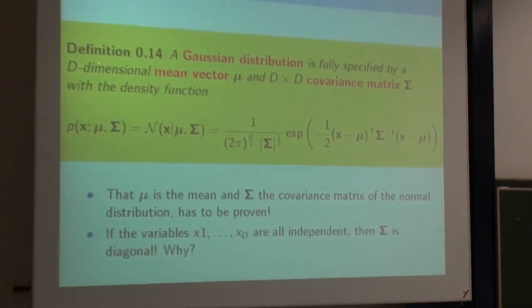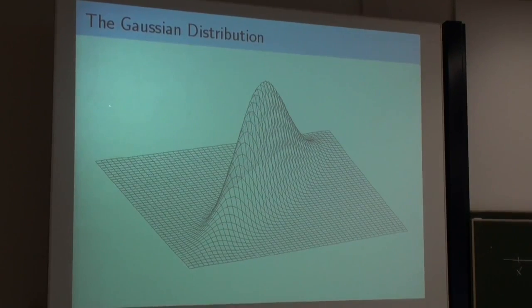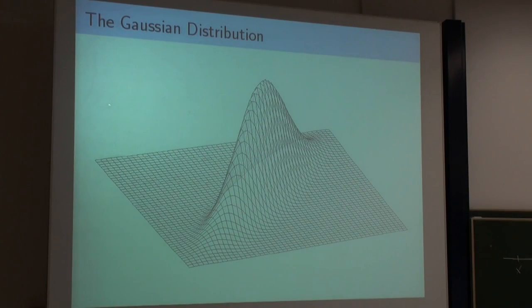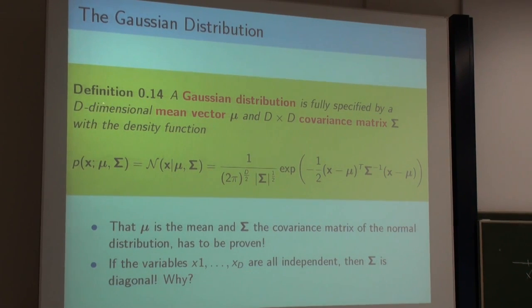Okay, so this is the formula for a function shaped like that. And we will, of course, now look at examples and details. But before we look at the examples, let me note that here we have mu, and here we have sigma. And mu and sigma are the mean and the covariance matrix of this multidimensional distribution.